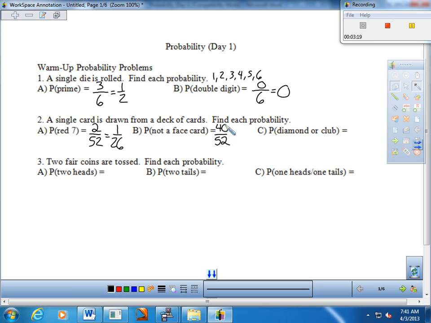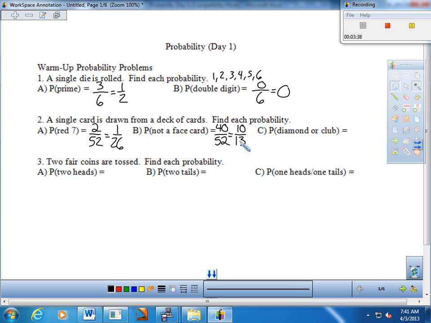And so I'm getting 42 on that end. So again, we're just going to go Jack, Queen, and King for face cards. There are 12 of those, 4 for each of those. So that would mean 40 non-face cards. And again, reduce fractions if you get a chance. Again, if you don't, it's not the end of the world. I've got 10/13 on that.